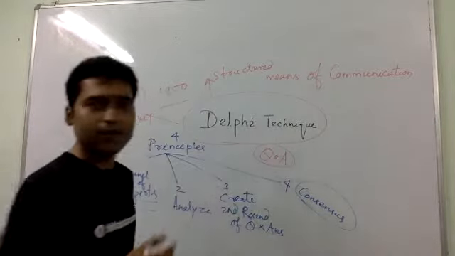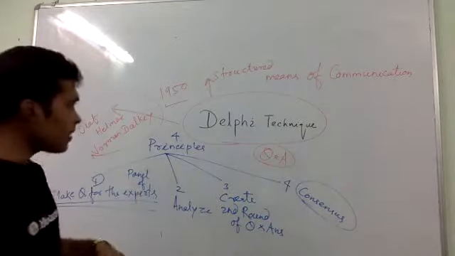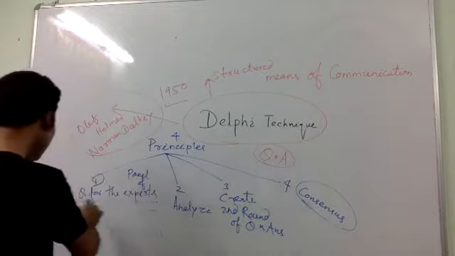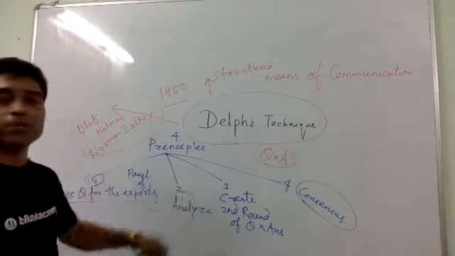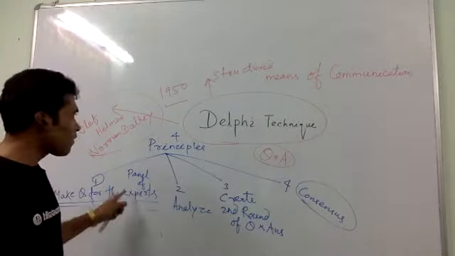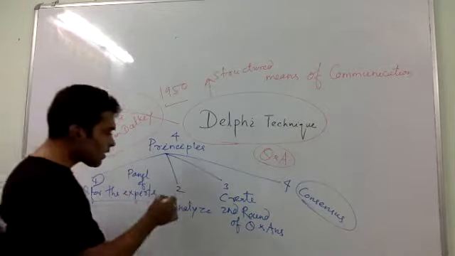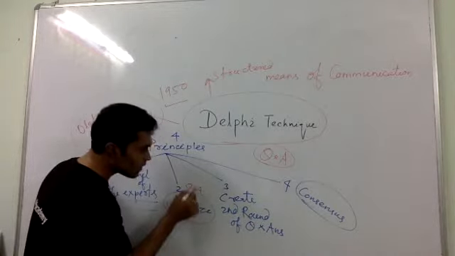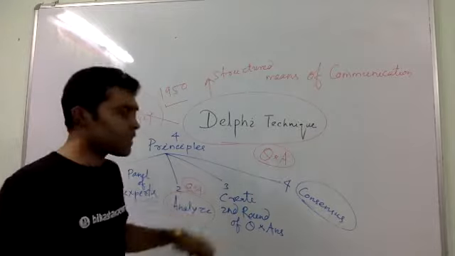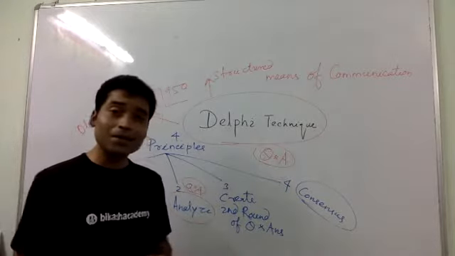Let's discuss again. What happens actually in this Delphi technique? First, make questions for the experts. That means a panel of experts are there. They will give answers. After that, analyze the questions and answers. Then create a second round for questions and answers.